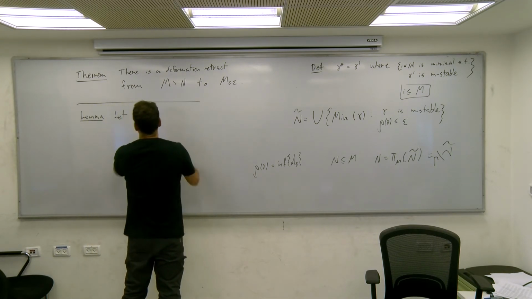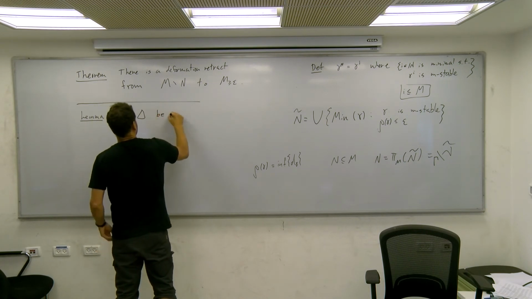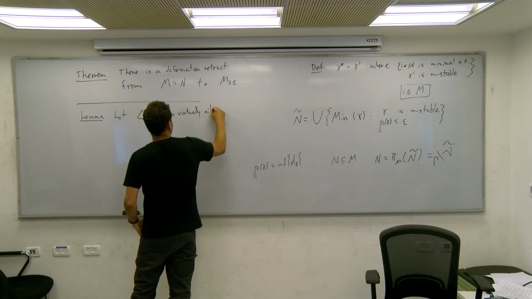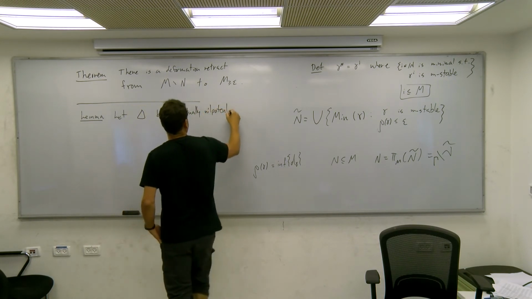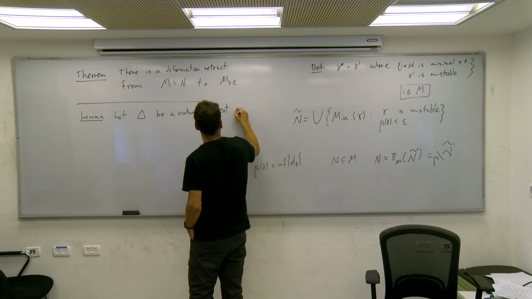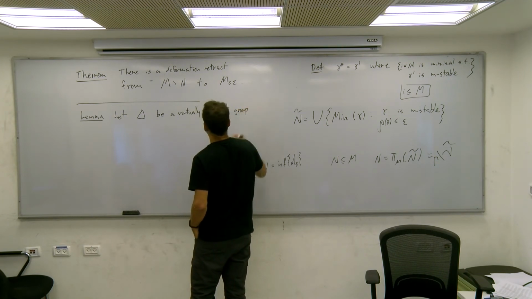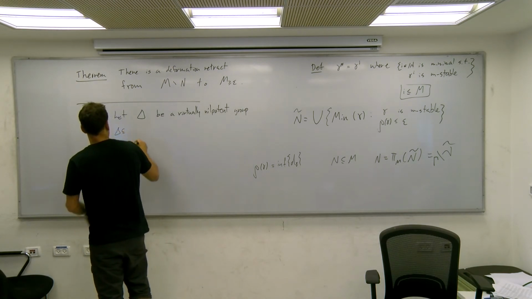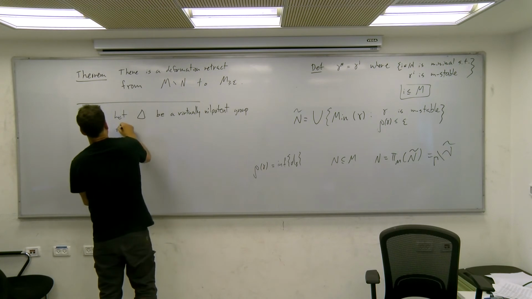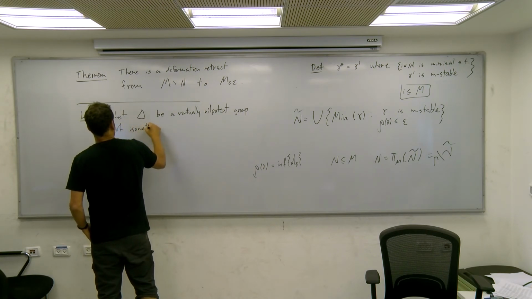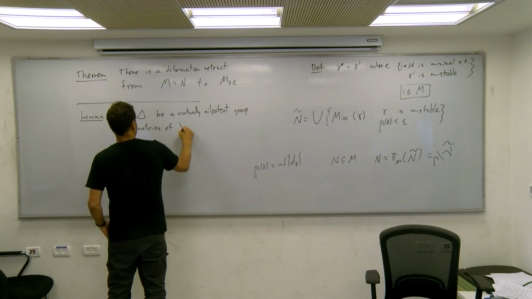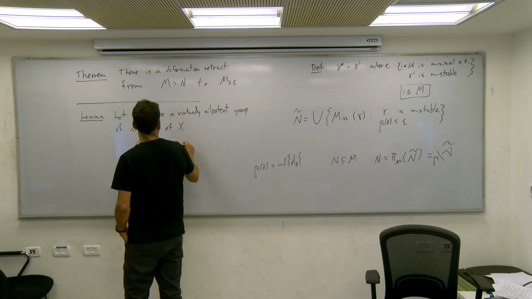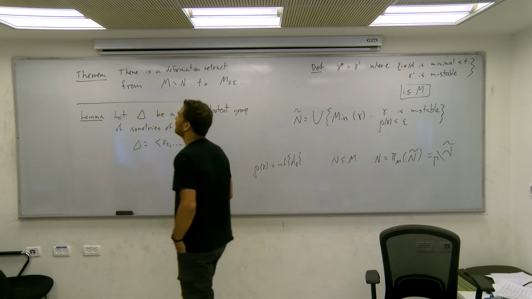So let delta be a virtually nilpotent group of isometries. Delta is a subgroup of isometries of X. And suppose the delta is generated by gamma 1 up to gamma n, is generated by finitely many elements.